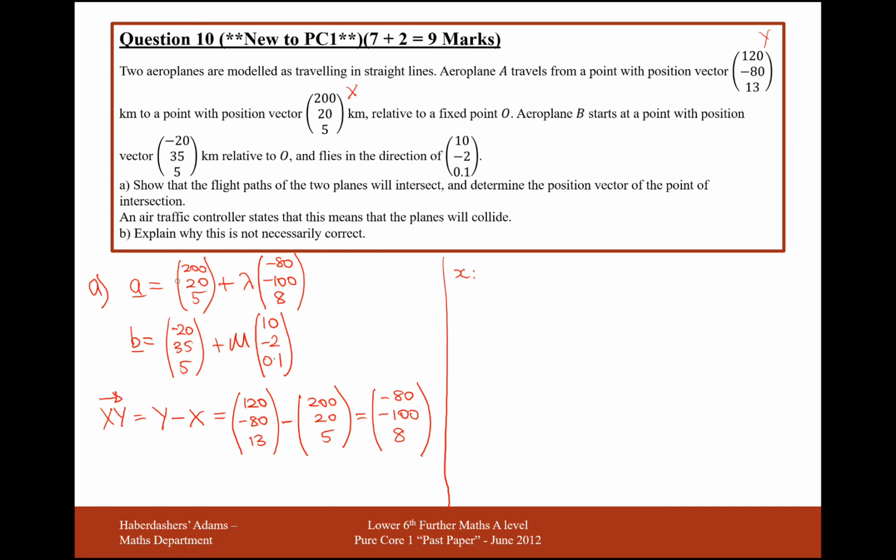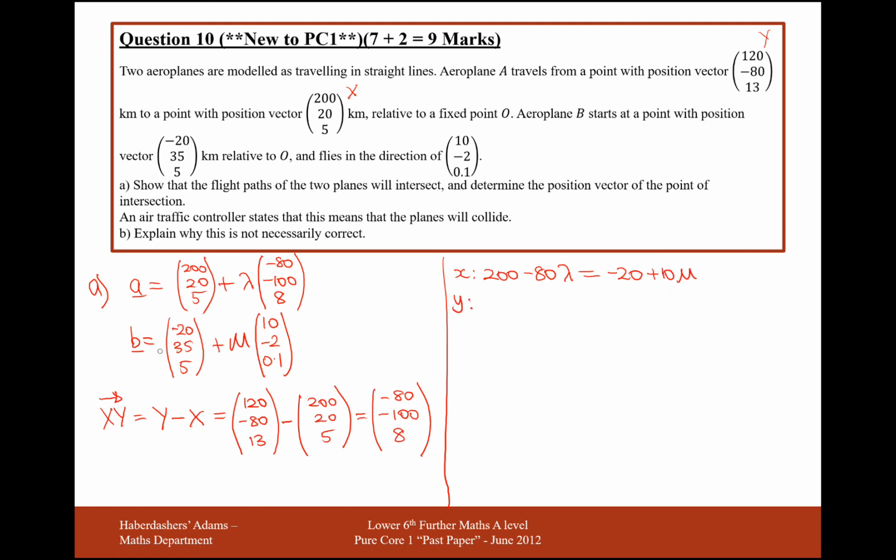So the x coordinate for the first one is 200 plus minus 80 lambda, so take away 80 lambda, and that's going to equal the x coordinate on the second equation, because if they intersect they must have the same coordinates, so it's going to equal minus 20 plus 10 mu.